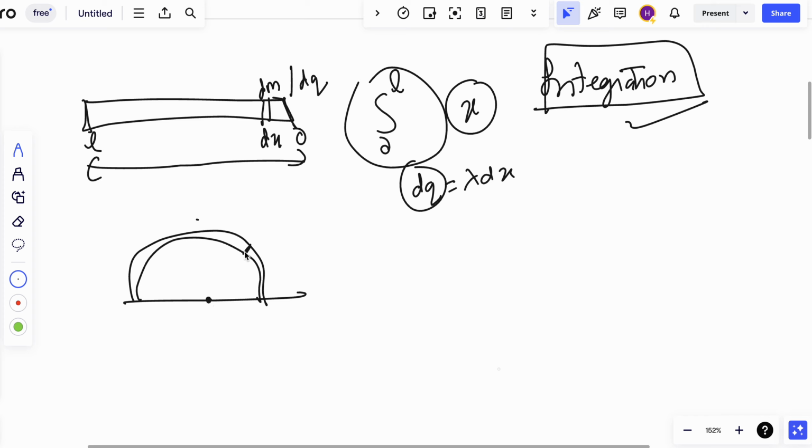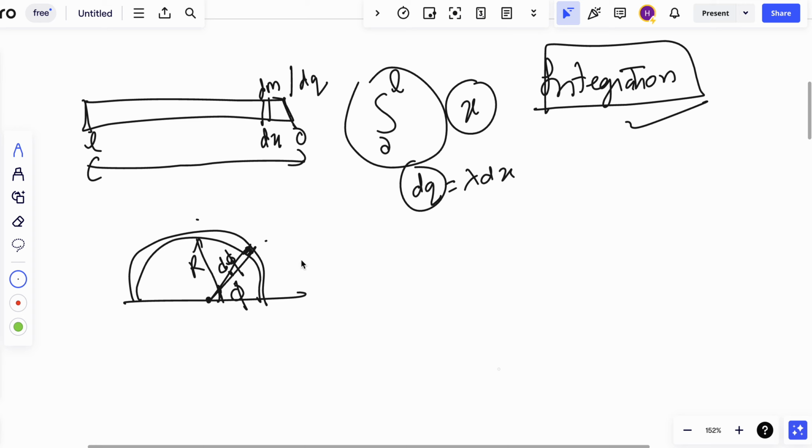Here I need to take a small element. So how will I take this element here? I know the radius is r. So what I will do is take theta here, phi here. Suppose I take a phi here. This will be the small element I want, so this will be d phi.